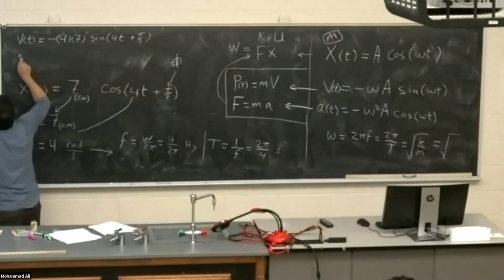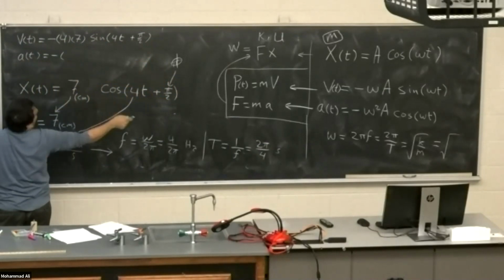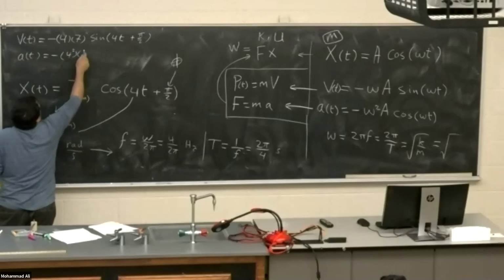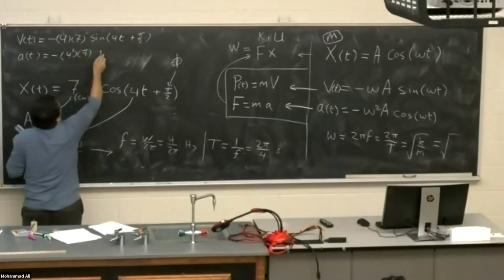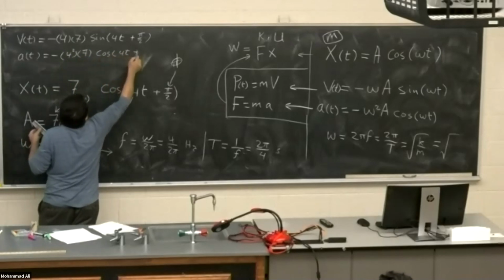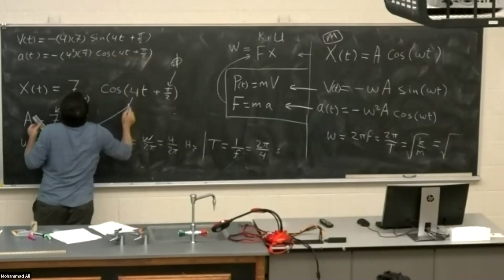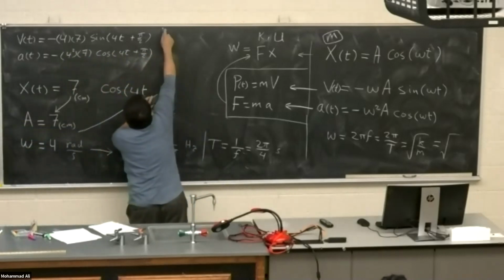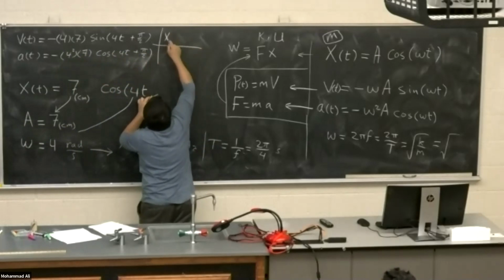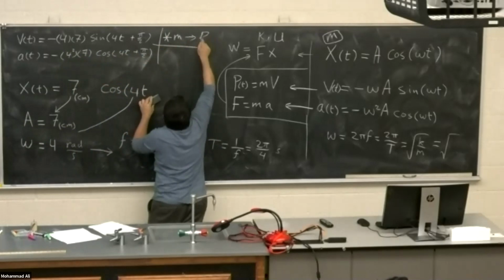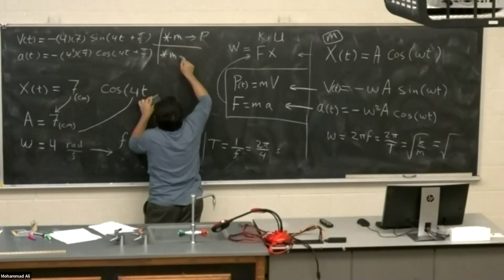What about the acceleration? It is negative omega squared. Omega is 4, it is 4 squared, which is 16, multiplied by A, which is 7. Again, cosine, not sine. If you multiply the velocity by the mass, it will give you the momentum. If you multiply the acceleration by the mass, it will give you the force.